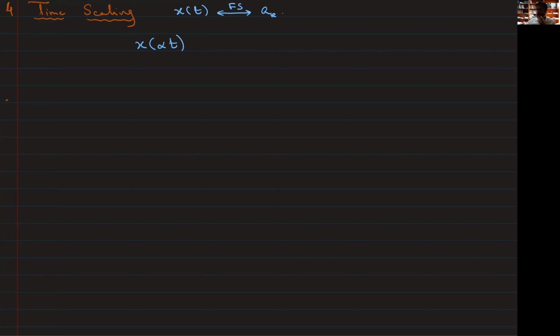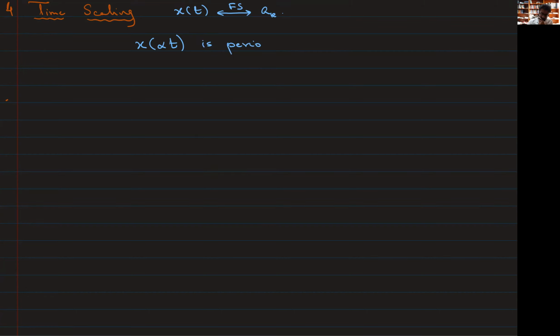Is x of alpha t periodic if x of t is periodic as well? Abdullah says yes, it will be periodic. It will be just scaled down or scaled up depending on the value of alpha. So what can you tell me about the period of the new signal?